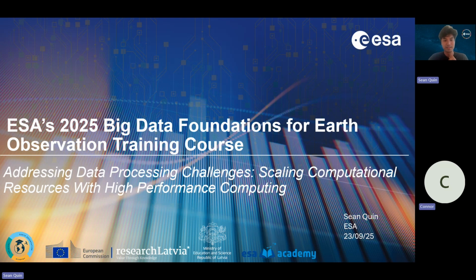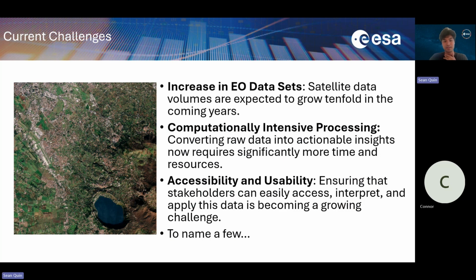So I'll be talking about the addressing of data processing challenges, especially the scaling of computational resources via high-performance computing. As many of you are aware, there are currently a lot of challenges in EO data analysis. The increase in EO data sets, with satellite data volumes expected to grow tenfold in the coming years, along with the computational intensive processing of this data.